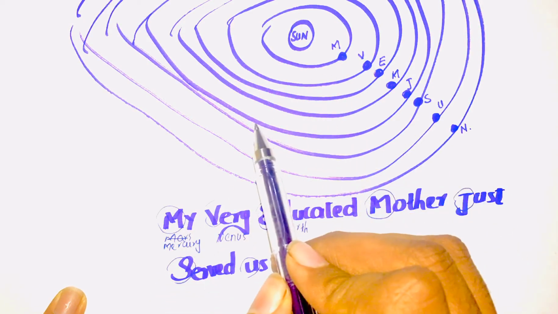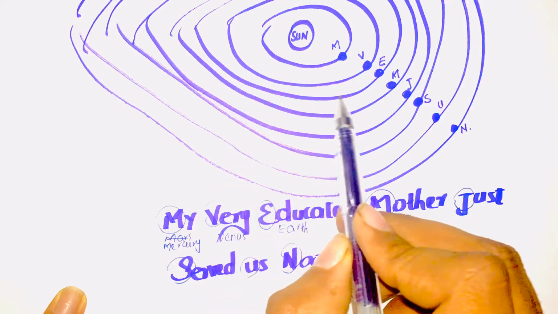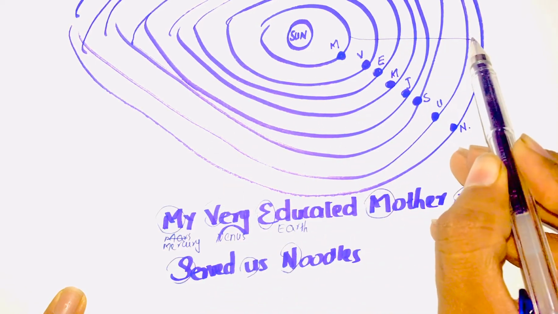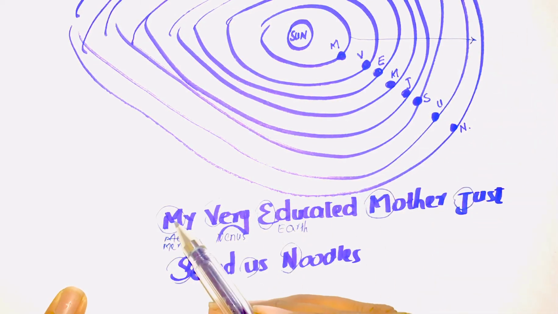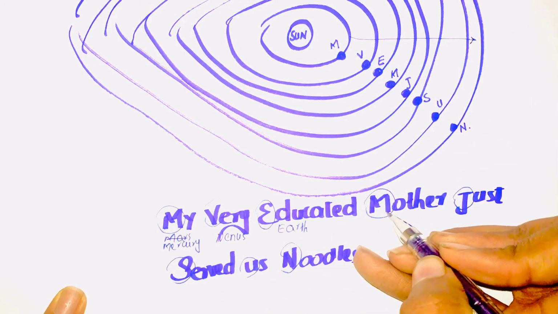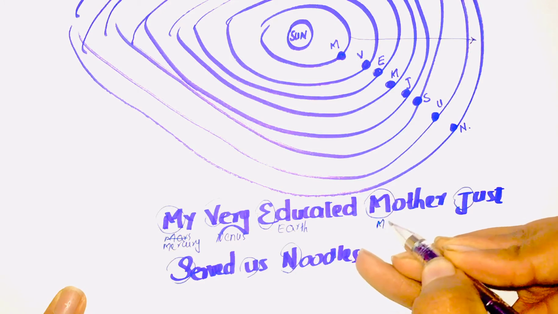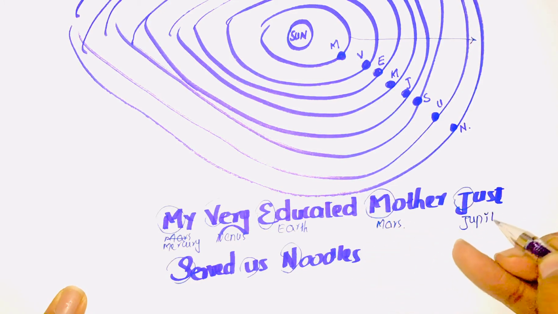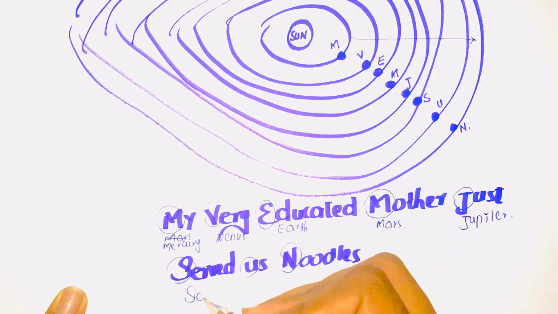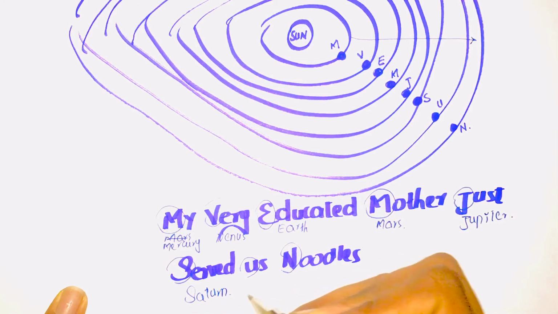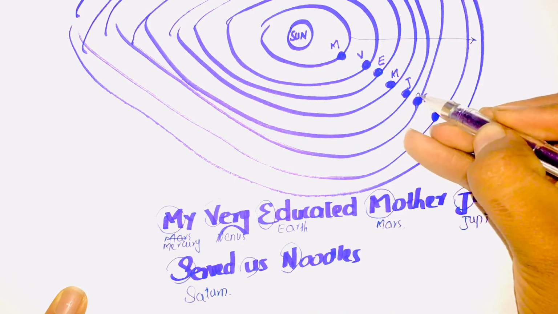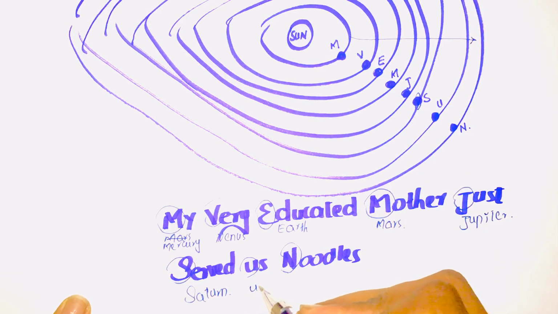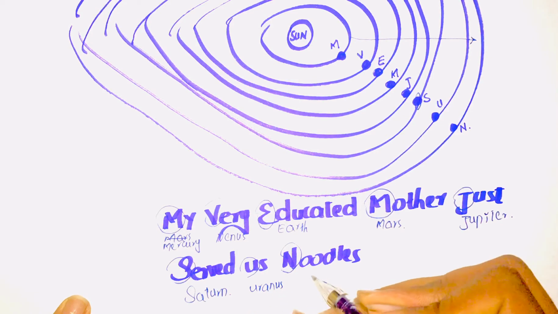I am going from left towards right in this direction. Here Mars comes, then Jupiter, Saturn, Uranus, Neptune.